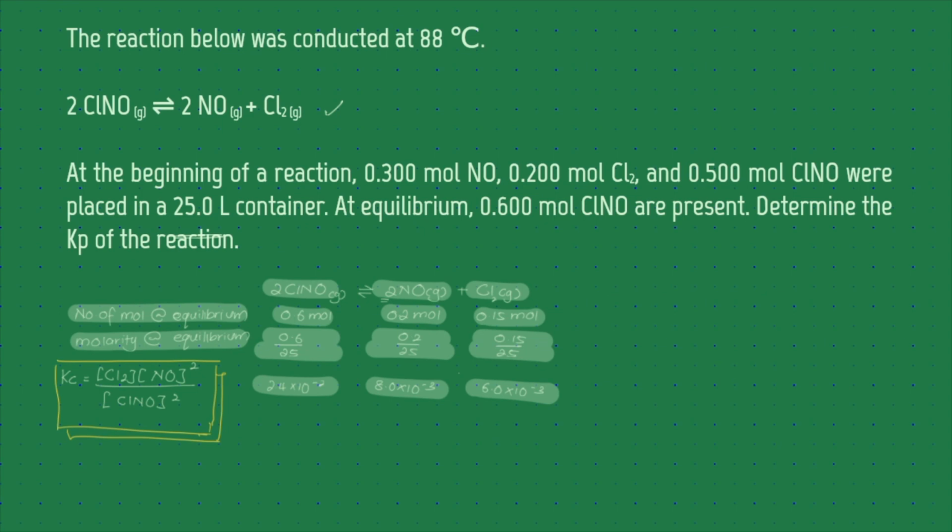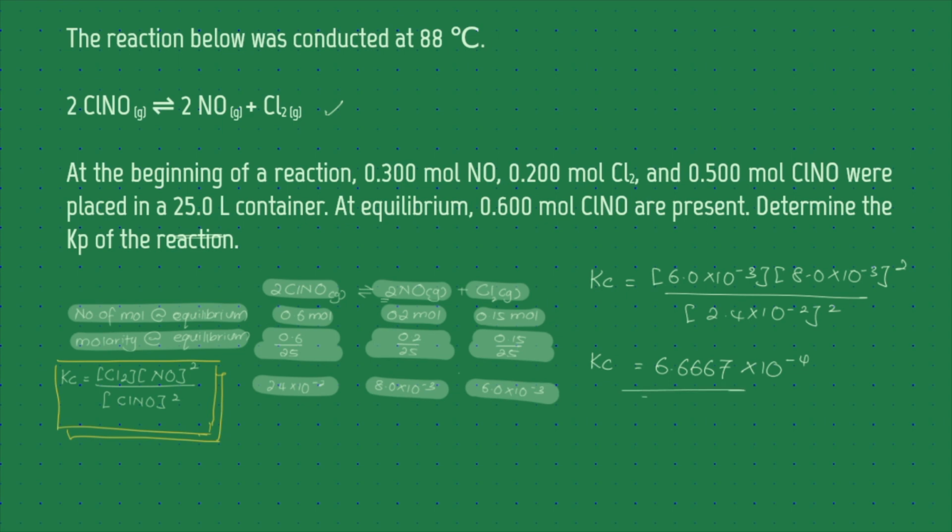Now we just substitute all these values into Kc. So Kc is equivalent to 6.0 times 10 to the power of negative 3 times 8.0 times 10 to the power of negative 3 to the power of 2, divided by 2.4 times 10 to the power of negative 2, also to the power of 2. So you will get Kc equivalent to 6.6667 times 10 to the power of negative 4.